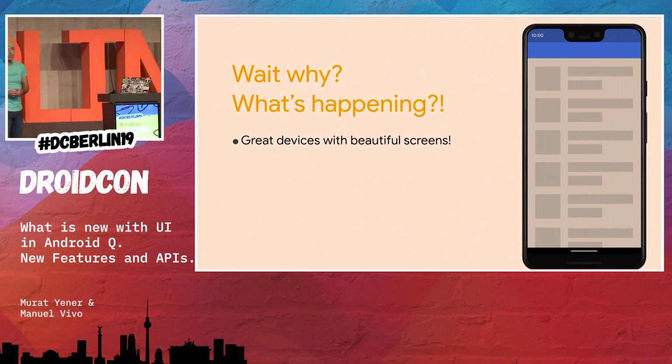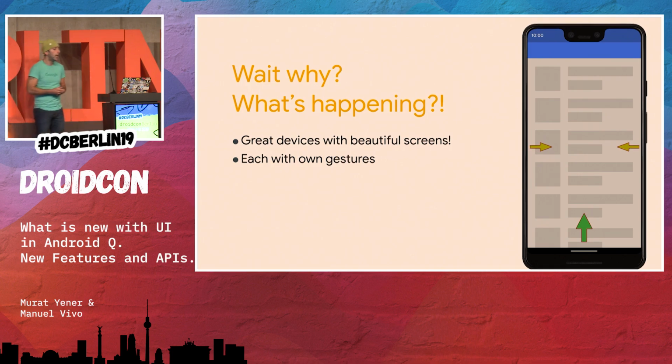We are seeing great devices with great screens, and every vendor is implementing their own gestures. Some have the back and going home gesture at the bottom, while some on the side or in other ways.